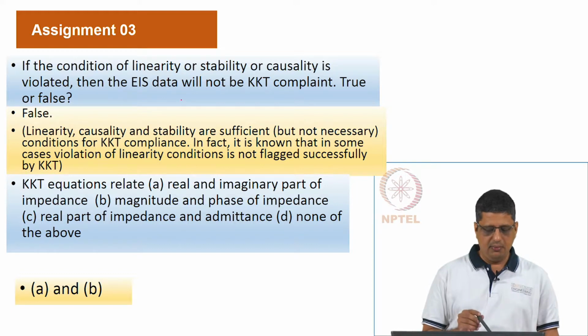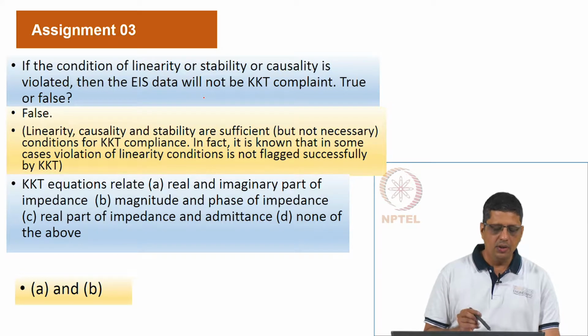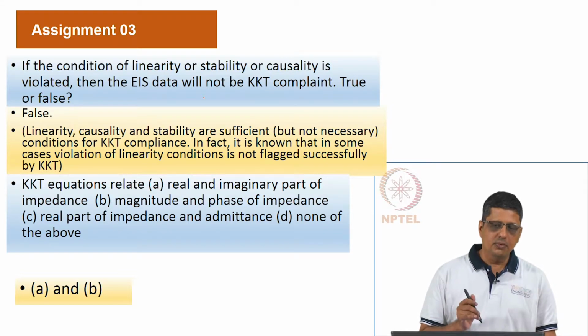If one of the conditions of linearity, stability or causality is violated, can we guarantee that the KKT will flag that violation? The answer is no. If a system was linear, causal, stable and you take spectrum from that, it would be KKT compliant.